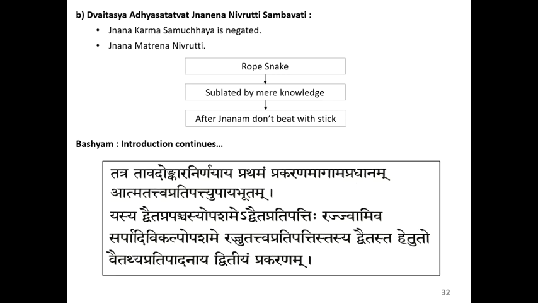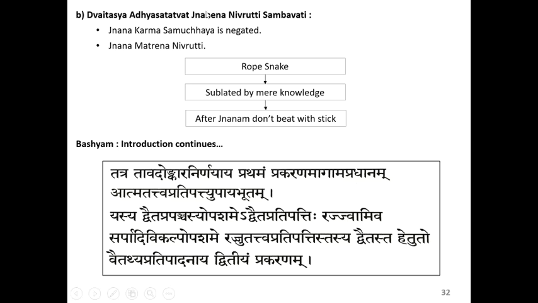So rope snake is sublated by mere knowledge. Of what? Of rope. After knowledge that this rope snake, which I am thinking, is not a snake but a rope, do I go on beating the rope snake with a stick? No. So similarly, after knowledge of Atma, I don't have to perform any karma.